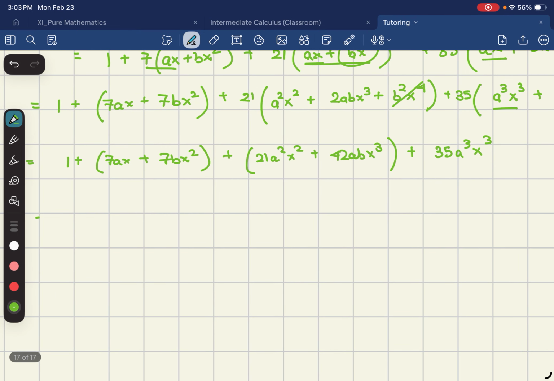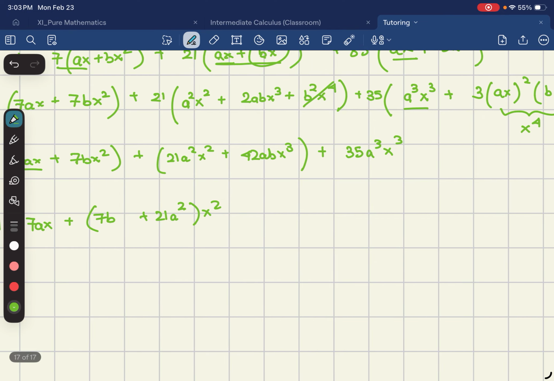So now if I simplify, I get 1 plus 7ax, which is the only term containing an x, plus I have 7bx squared plus 21a squared x squared, and I want to factor out my x squared. And finally, I have 42ab x cubed plus 35a cubed x cubed. So I want to factor out an x cubed.